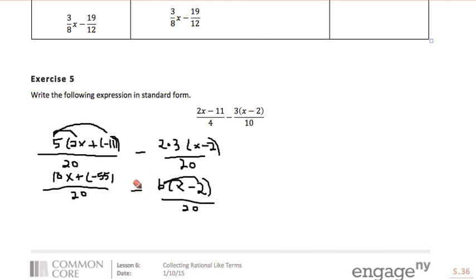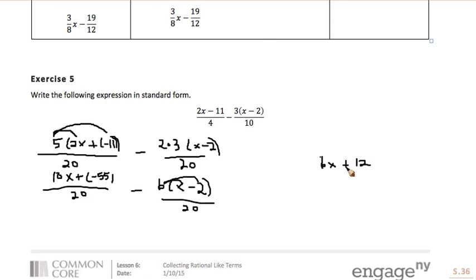Kept the subtraction still, and multiplied 2 times 3 to get 6. And now we're going to distribute the 6 over the x minus 2, and that will give us 6x minus 12.